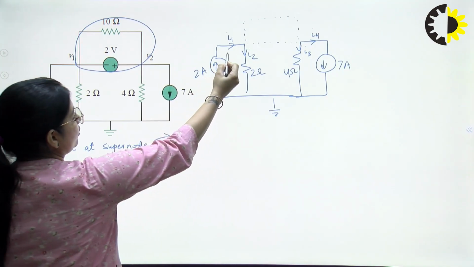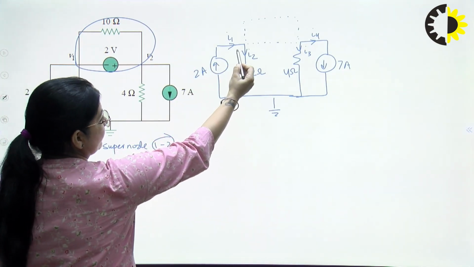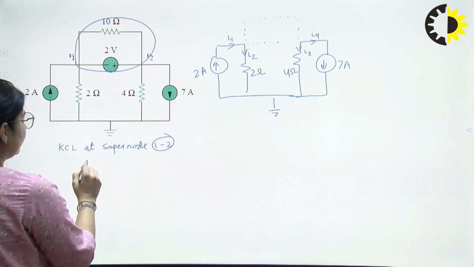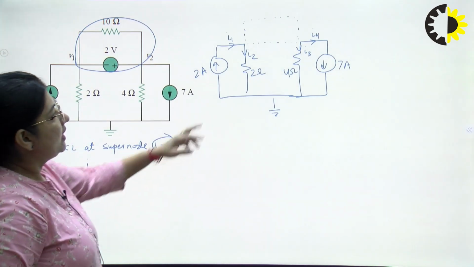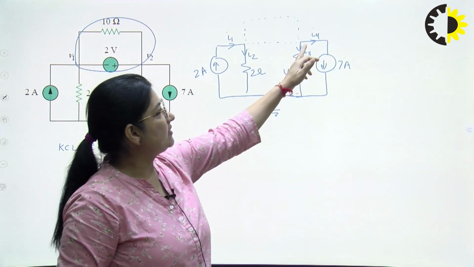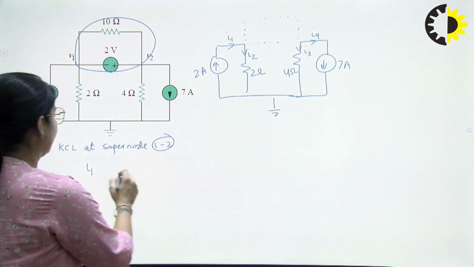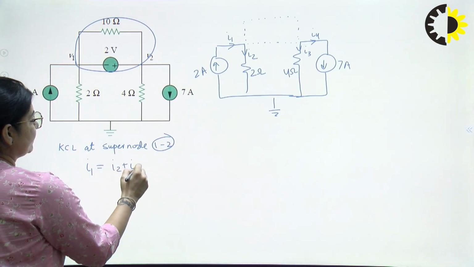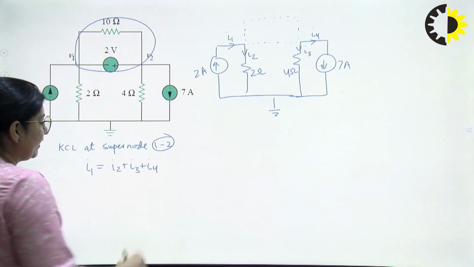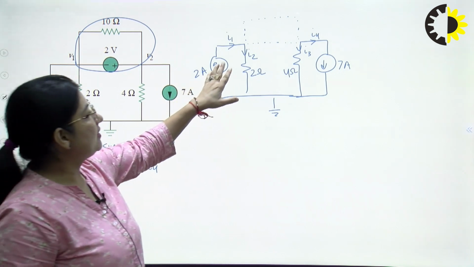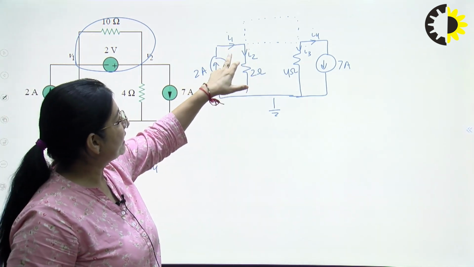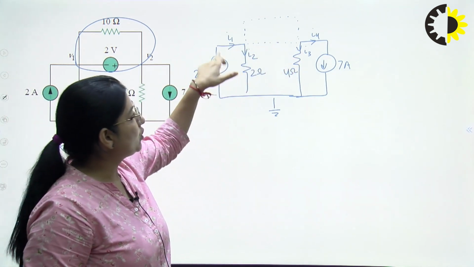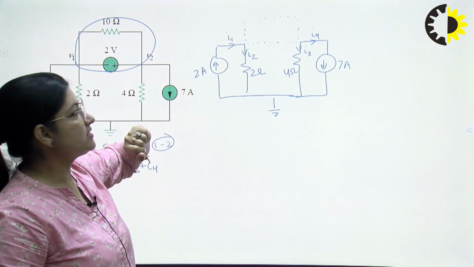So, at node 1, I1 is the incoming current. All other currents, I2, I3 and I4, all are outgoing currents. So, incoming current is equals to I2 plus I3 plus I4. What we have done, we are treating node 1 and node 2 as a single node, which is called as super node.